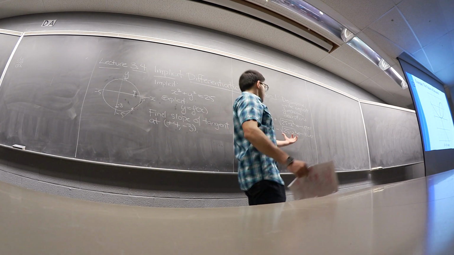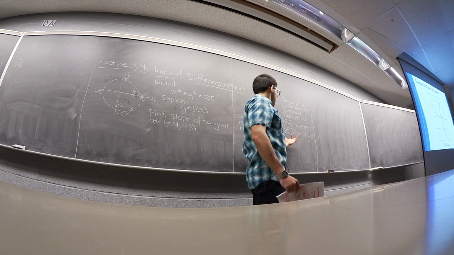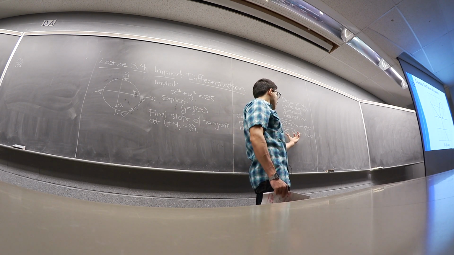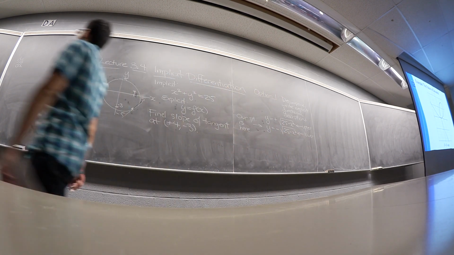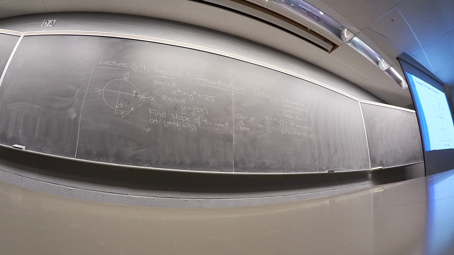We've got a composition. Once we take care of the minus sign, we've got a composition of the square root and this thing. Use the power rule, or remember that the derivative of the square root is 1 over 2 square root. So we get minus 1 over 2 square root evaluated at the inside, which is 25 minus x squared, multiplied by the derivative of the inside, which is minus 2x.